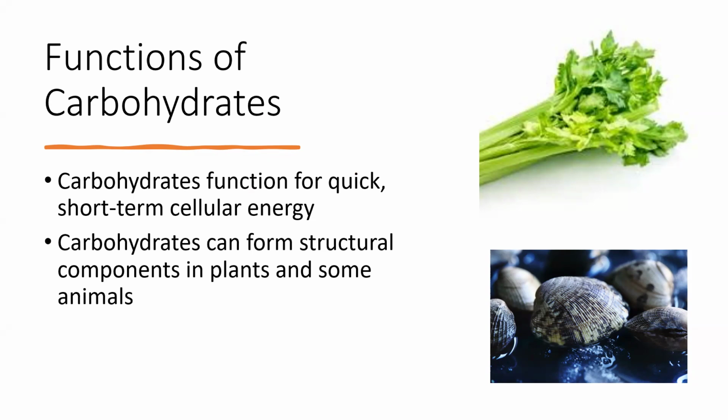In plants, they use carbohydrates for structural components. The fibers in the plant, if you think of celery sticks, they're crunchy, right? That crunchiness, that structural integrity is a form of carbohydrate. Shells are also made of a specialized kind of carbohydrates, as you will see. We humans don't use carbohydrates for structure. We just use them for energy.